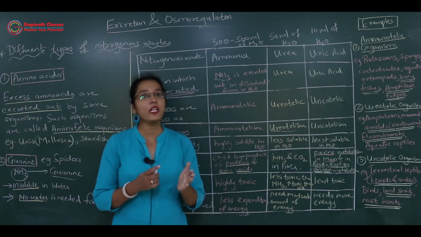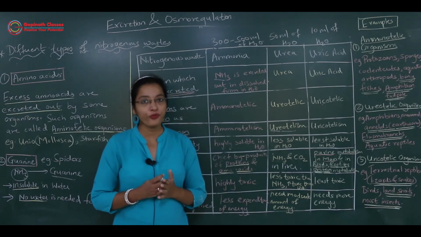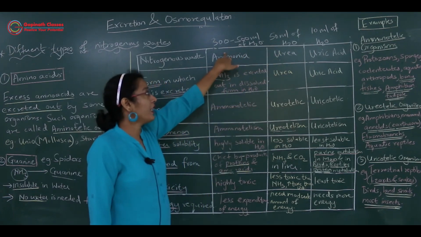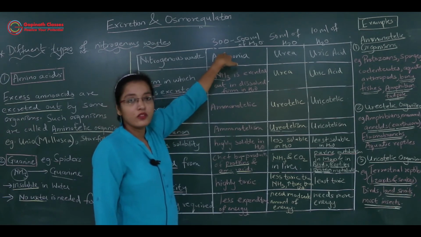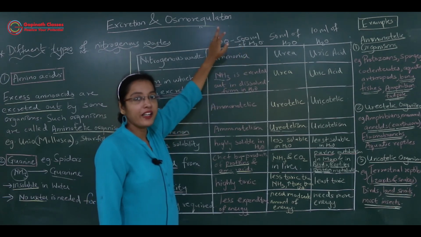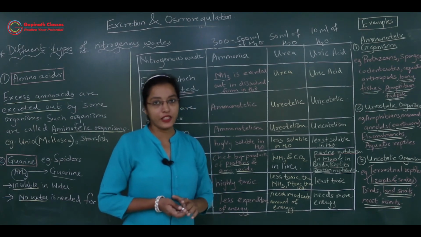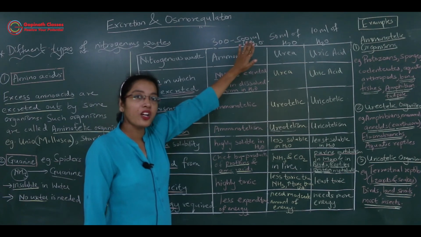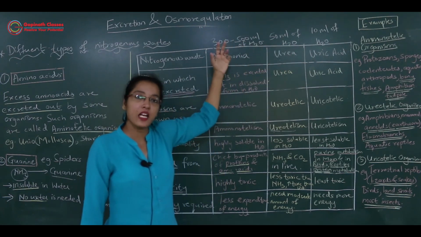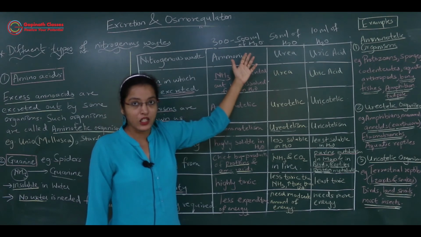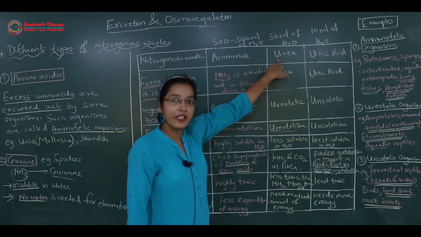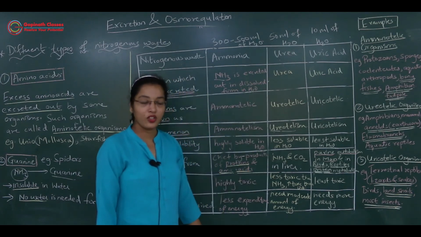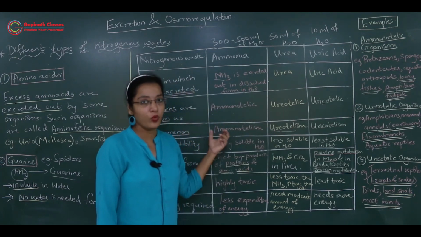Okay, so for elimination of 1 gram of urea, 50 ml of water is needed, and for elimination of 1 gram of ammonia, 300 to 500 ml of water is needed. Why is it so? Because ammonia is more toxic than urea. So उसको water ज़्यादा लगेगा eliminate होने के लिए. Wherein urea को eliminate करने के लिए कम water की ज़रूरत पड़ेगी, because it is less toxic. Urea is less toxic than ammonia.